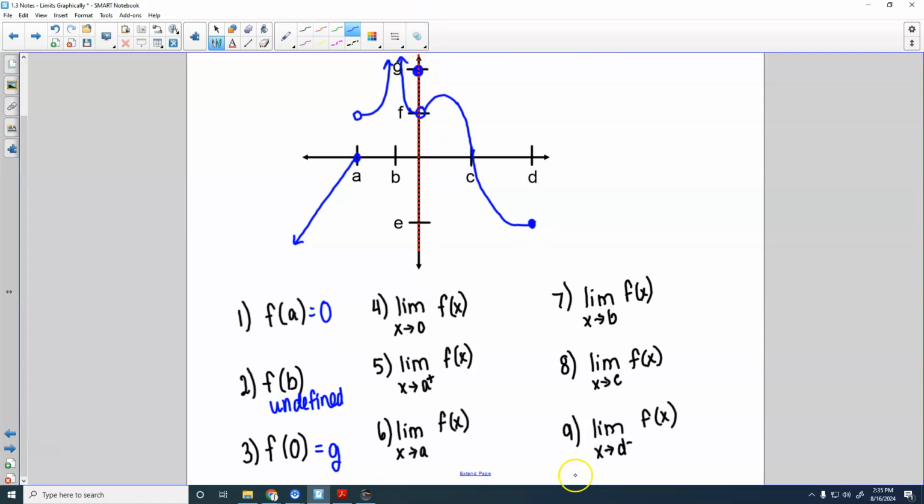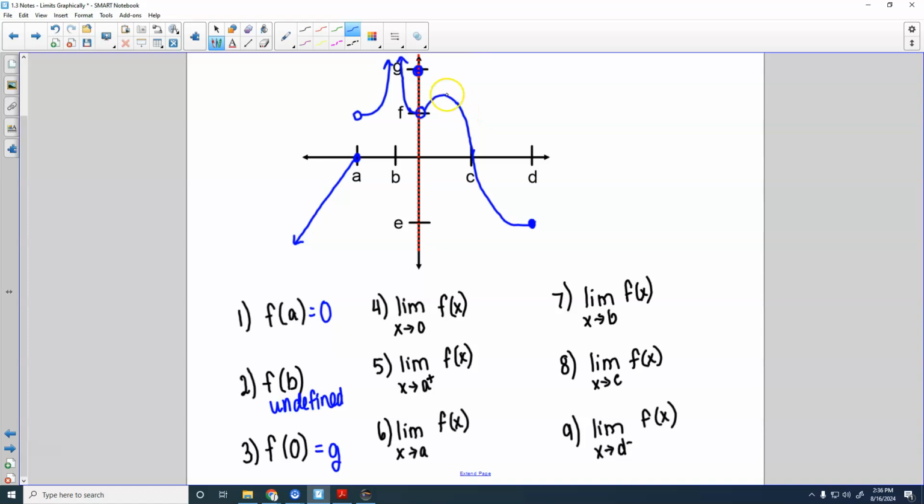Okay, now let's get into some limits. Emma, what would the limit as x approaches 0 of f of x be? From the left-hand side, we go to this dot right here, right?